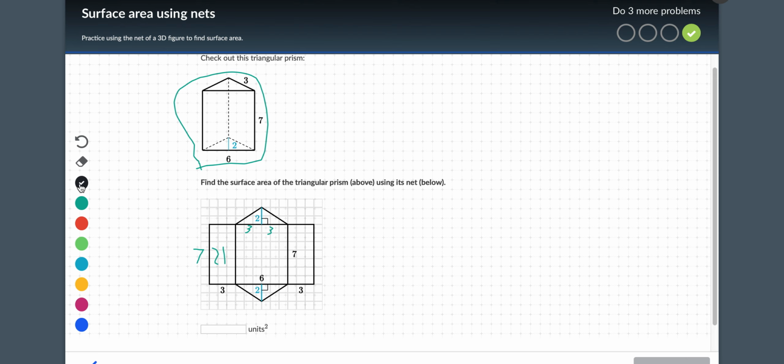I'm going to do the math up here. To find the area of a triangle, we multiply 3 times 2, then divide by 2, because that's what you do with triangles, and then multiply by 2, because there are 2 triangles.